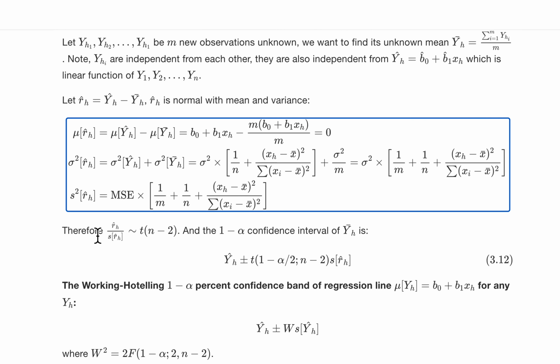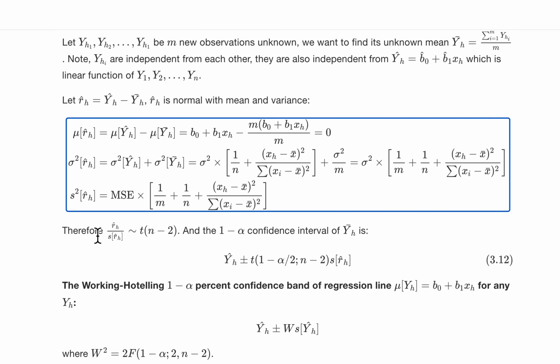So this is what will work, and it's a method called the Working-Hotelling confidence interval, the confidence band for a regression line. That means it's for the mean of the regression line itself, no matter what X_h is.